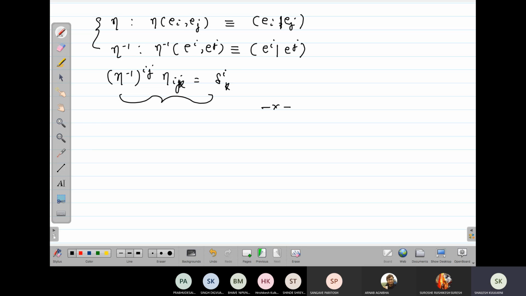Suppose you consider the inner product of two vectors, say v and w. Start with this. This is your hint. Clear? Think in terms of this inner product of two vectors.